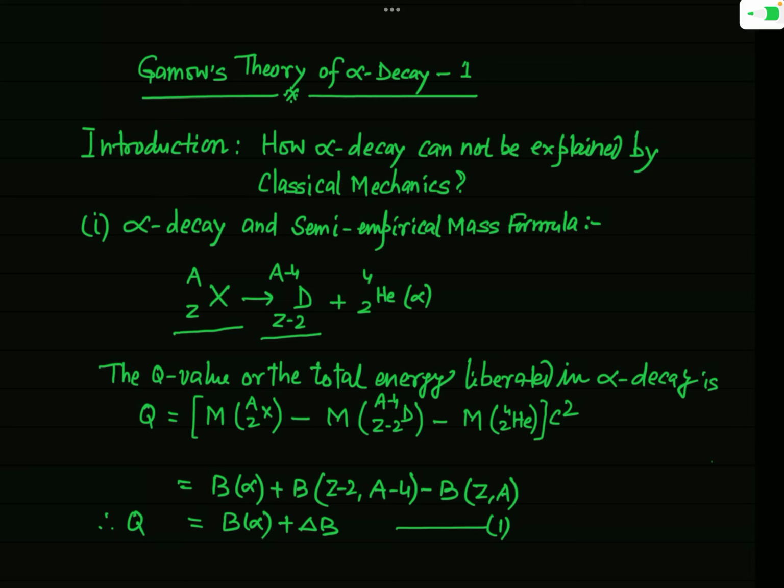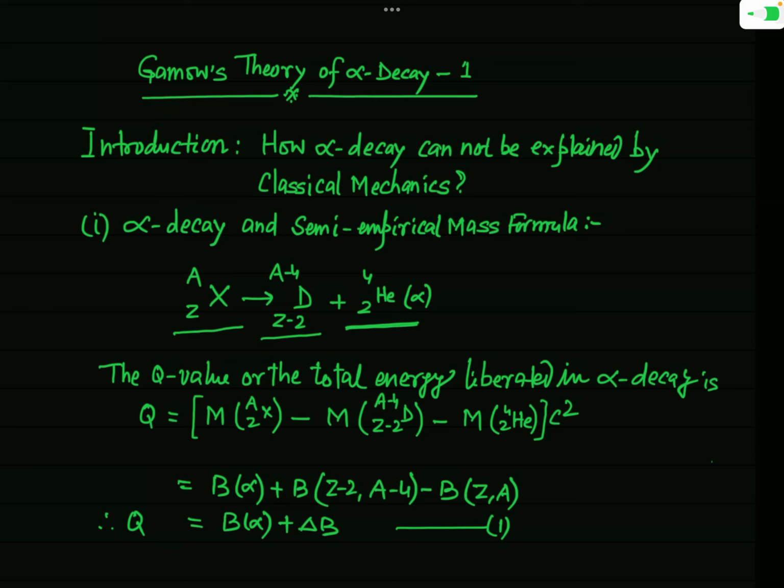At the same time, there is an alpha particle which is emitted from this nucleus X, and this alpha particle has been denoted by the 2He4 nucleus.